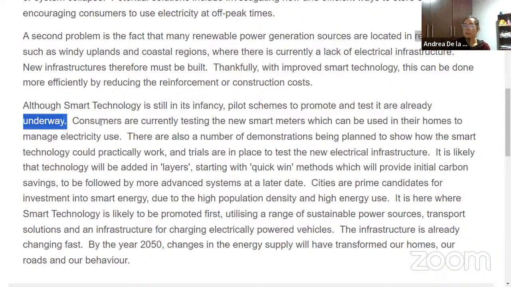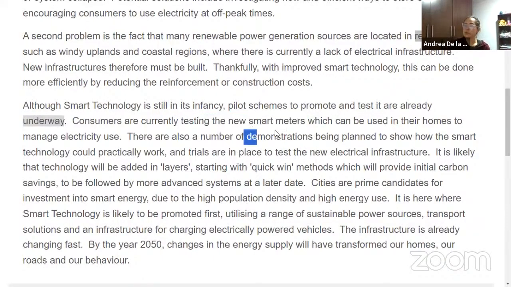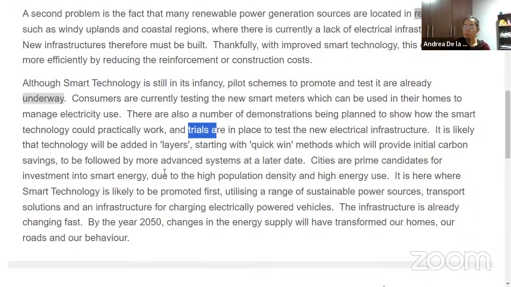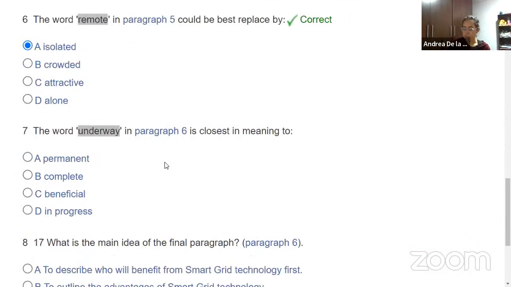They're in progress. And they start talking about how they are testing the smart meters, how they are having demonstrations or planning demonstrations, how they are having trials. So yes, it's something that is happening right now, but it's not complete, and it has started already.